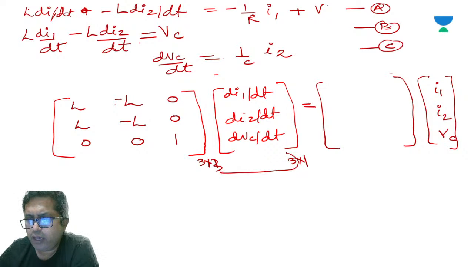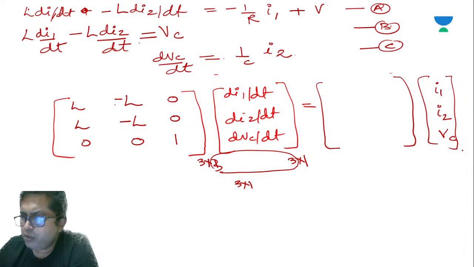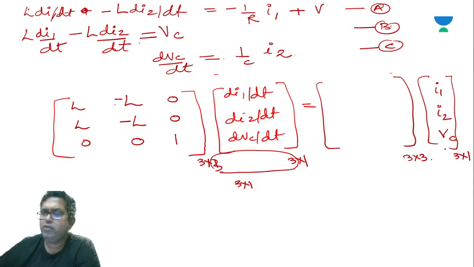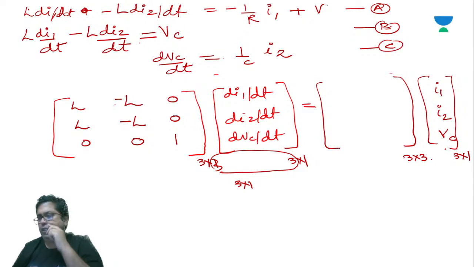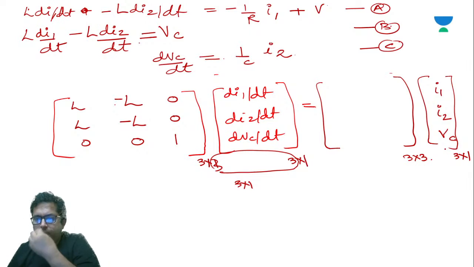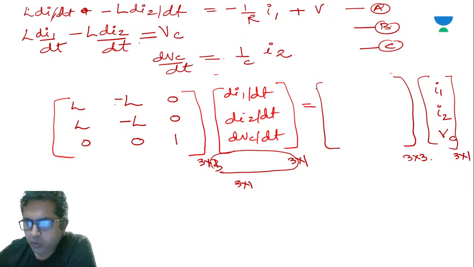So if I cancel this size, LHS size is 3 by 1. So I need 3 by 1 size here. So this is 3 by 1, so this must be equal to 3 by 3. Okay.